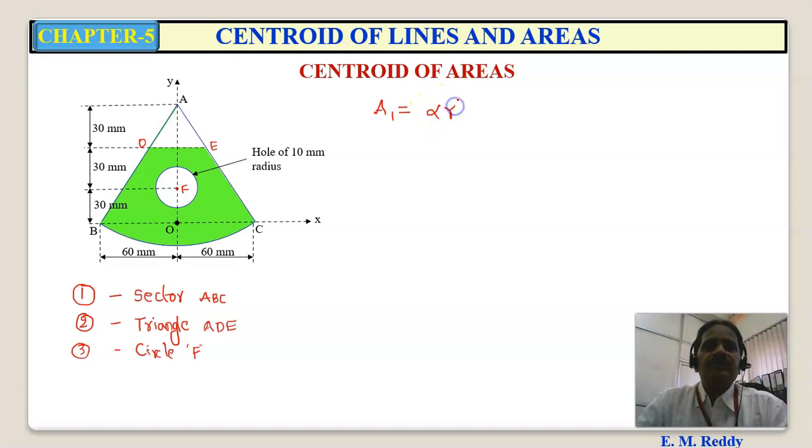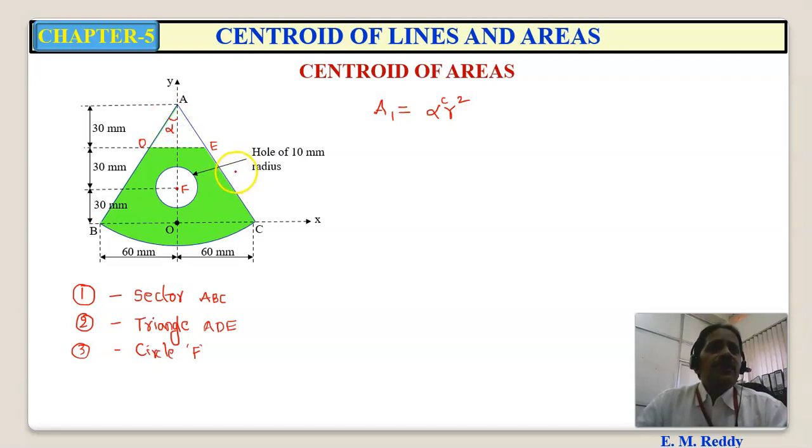Alpha r square, whereas alpha is in radians. So now first let us calculate what is alpha. So the total angle subtended by the sector with respect to the center is 2 alpha. So half of that is alpha, right?